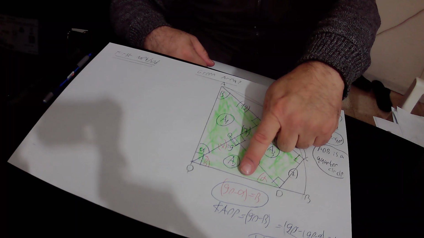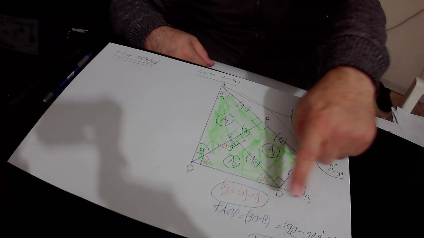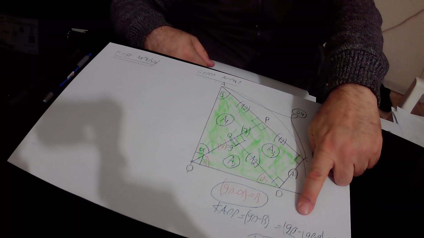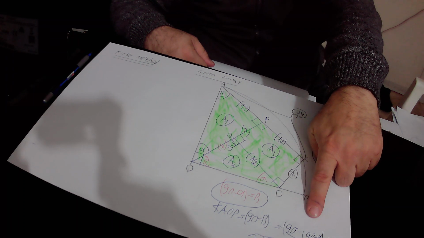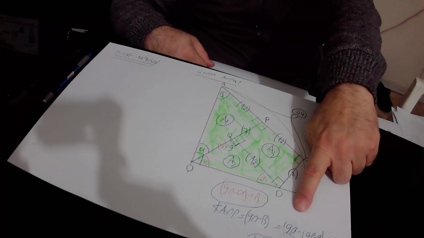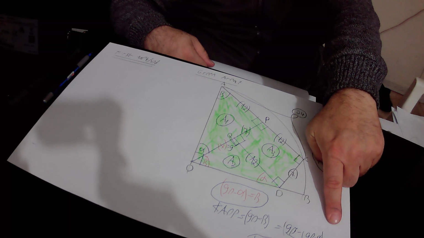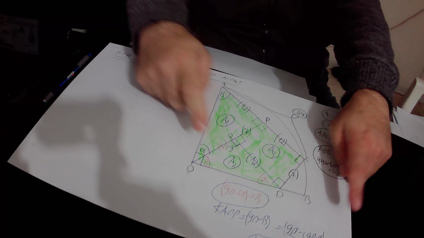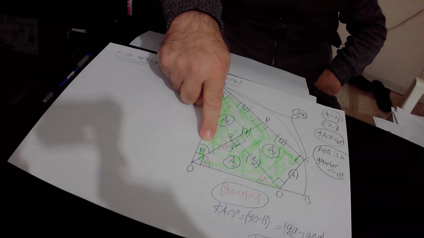But beta is 90 degrees minus alpha, so we can substitute beta by 90 degrees minus alpha. Then we open the brackets, and 90 degrees minus 90 degrees is 0, and minus times minus is plus. So in total, this expression equals alpha. In conclusion, we found out that the missing angle AOP equals alpha.